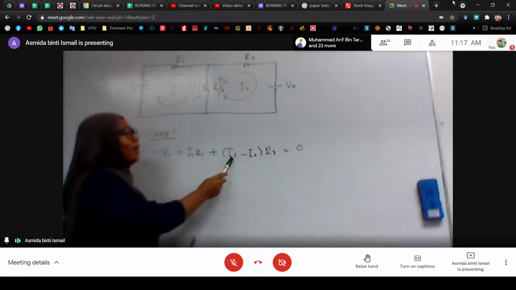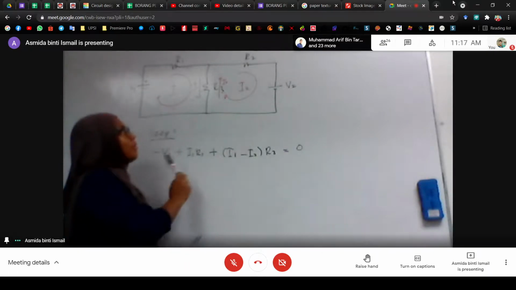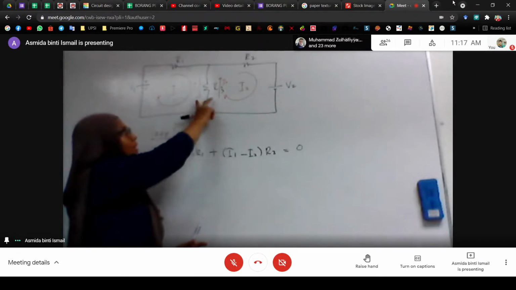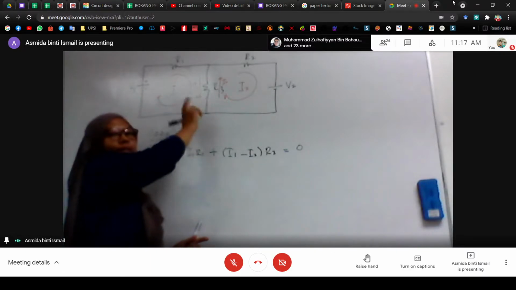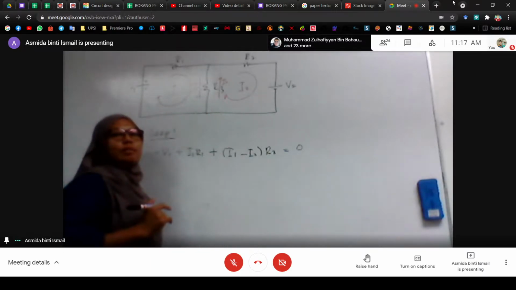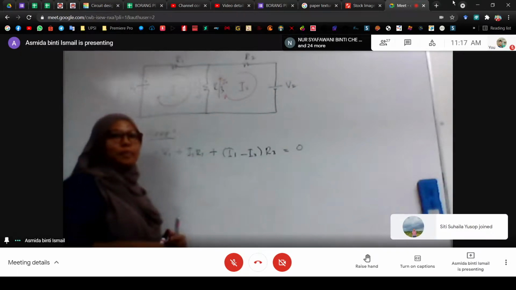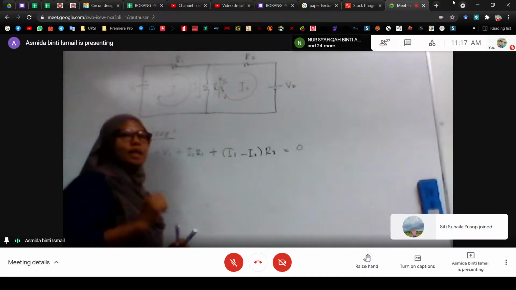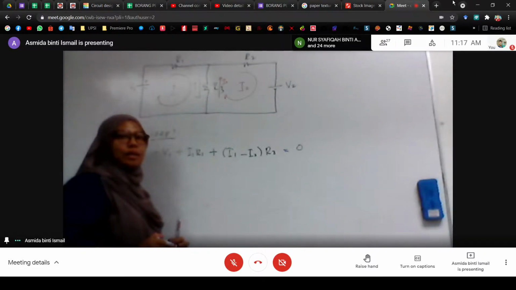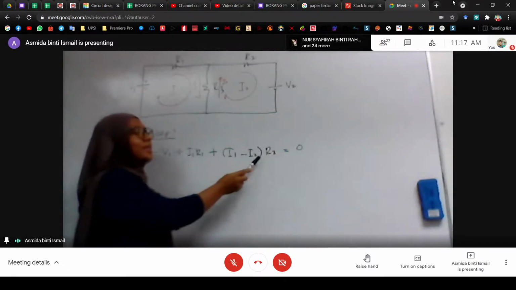Why I1 minus I2? Because it is in a different direction. I1 is down, I2 is up. So bila dia berlawanan arah, awak kena tolak. I1 minus I2.